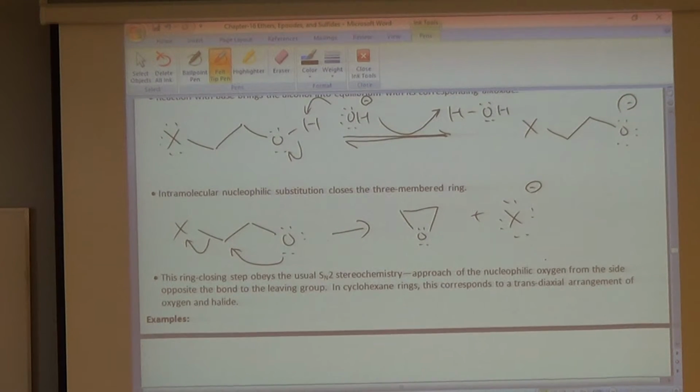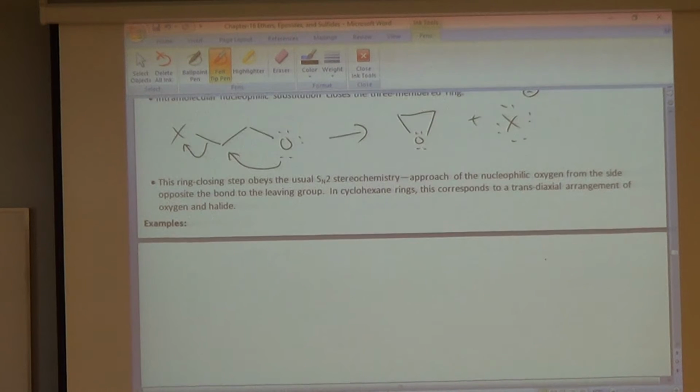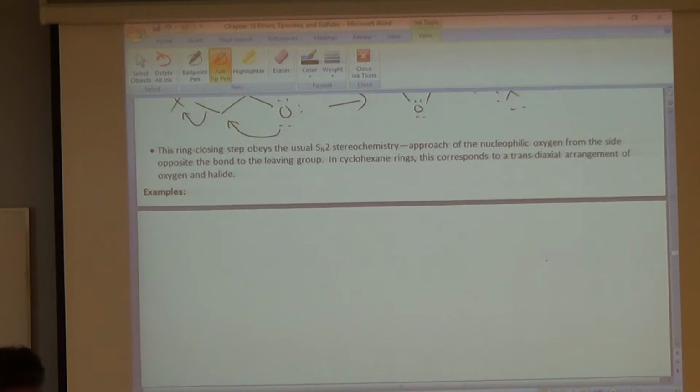And you can see from this example, if we have this bromohydrin, and we have the OH above this cyclohexane ring, and we have the H underneath. On the other side, we have an H that is above the ring, and we have the Br underneath the ring.